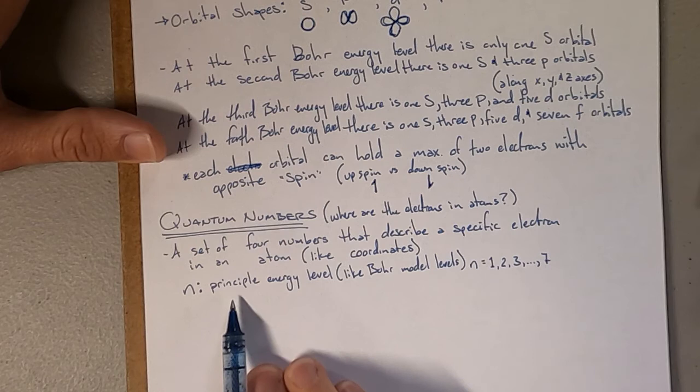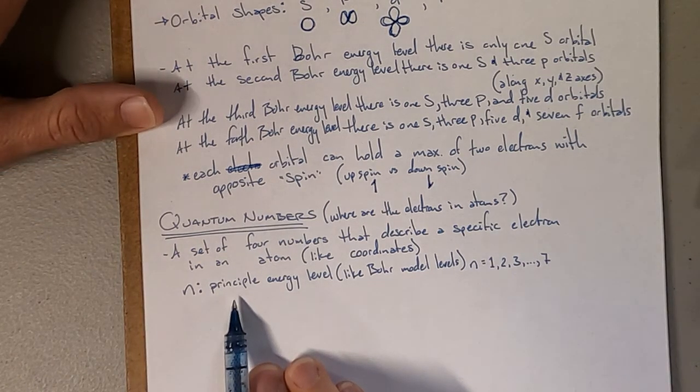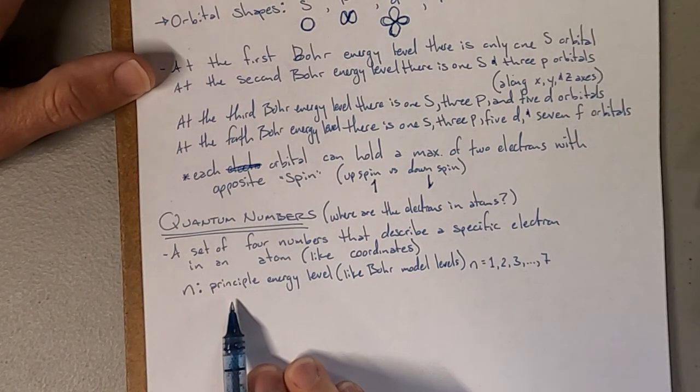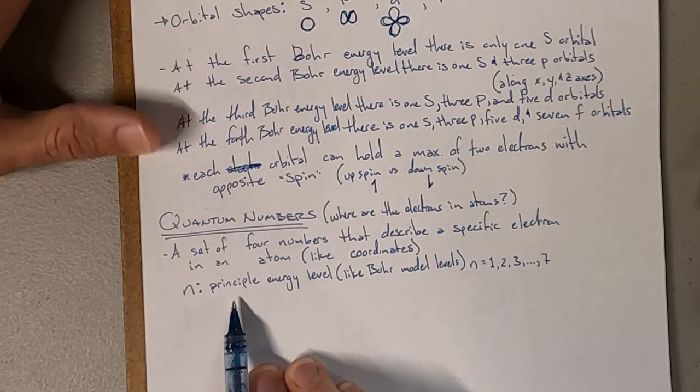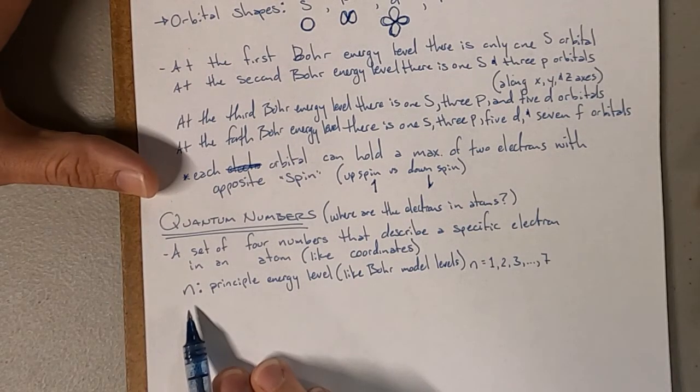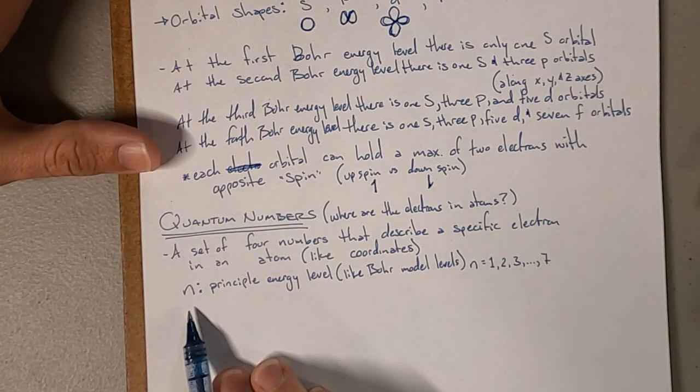Next is the sublevel, or the orbital shape, and those could be s, p, d, and f, but they want to be described numerically. And so if the value for l, the sublevel, is 0, that's describing an s subshell or sublevel. If it's 1, it's describing p. If it's 2, it's describing a d sublevel. And if it's 3, it's describing f.